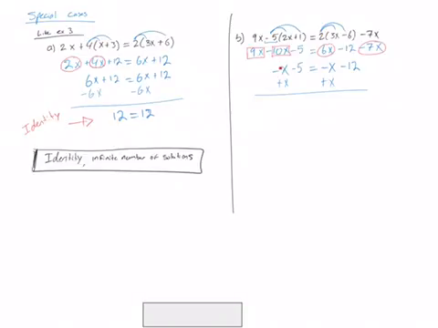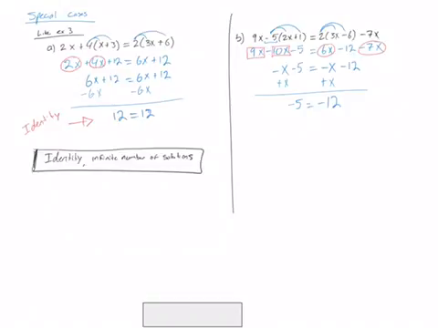On the left hand side I have negative x plus x, which goes to 0, minus 5, so I'll have negative 5 on the left is equal to, on the right hand side I have negative x plus x, so that goes to 0. 0 minus 12 is negative 12, so negative 12. Now, when is negative 5 equal to negative 12?